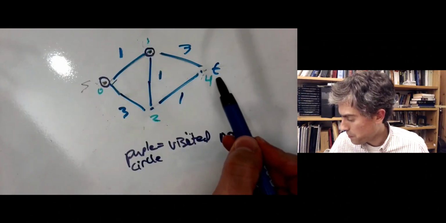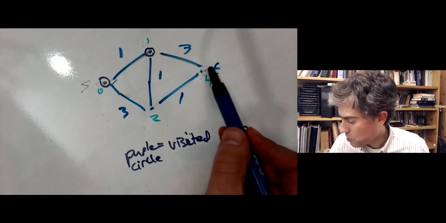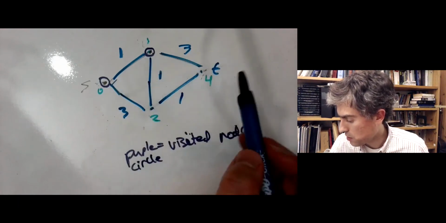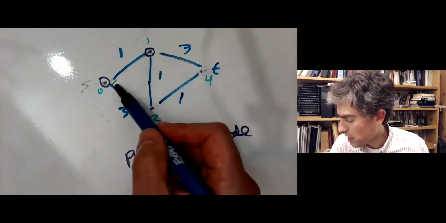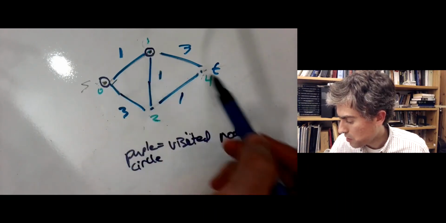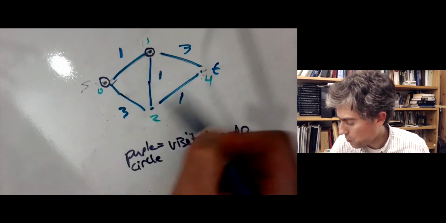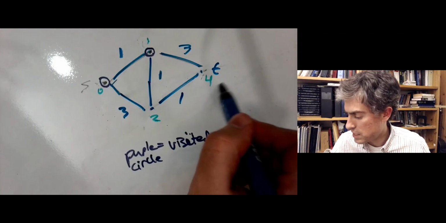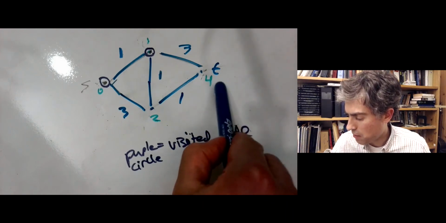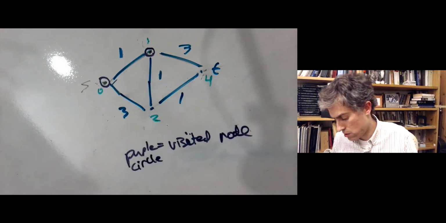For this one, the invariant says that we have the shortest path that only uses the visited nodes. So yeah, actually 4 is the shortest path that only uses these 2. If we are forced to only use these 2, then 4 is the shortest we can get to that. The 3 that we're eventually going to get uses a node that has not yet been visited. So it's okay that this is not yet the optimal. We don't expect this yet to be optimal because we haven't visited everyone.